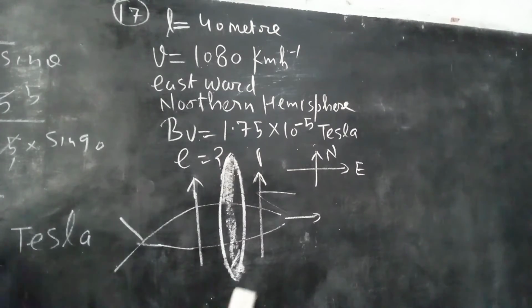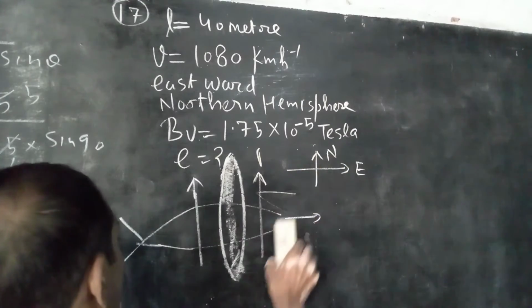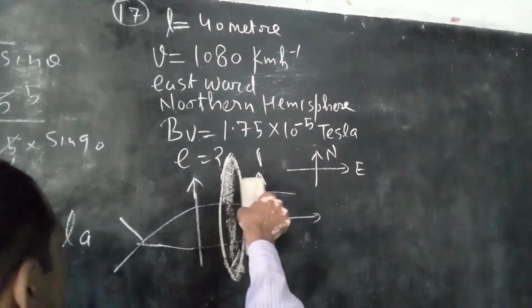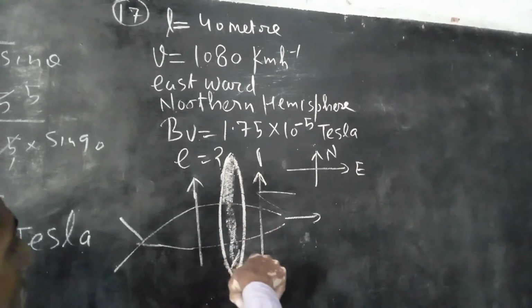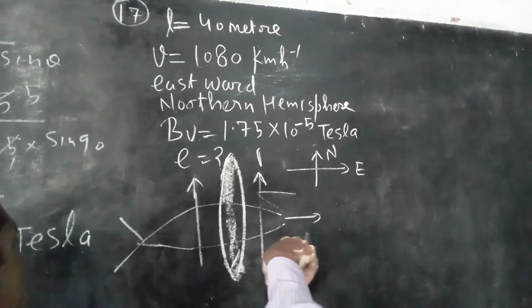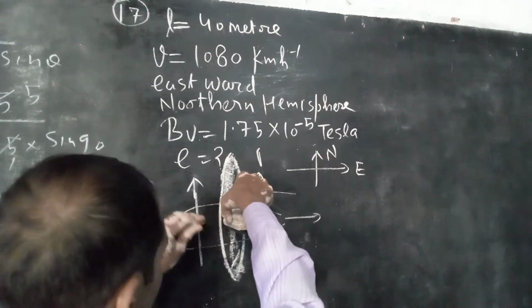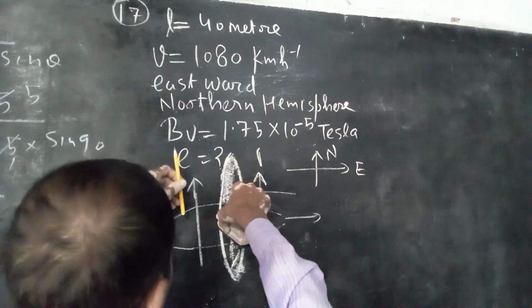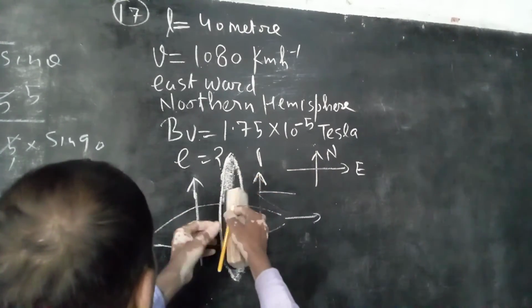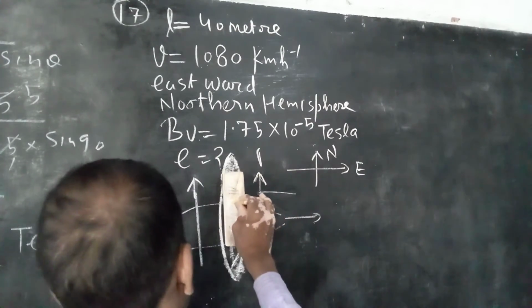So this is the direction of the magnetic field, in the direction of north. And the wings are horizontal because the aeroplane is moving at constant altitude. So this is the direction of the wings, and this is the direction of the vertical component of the magnetic field.